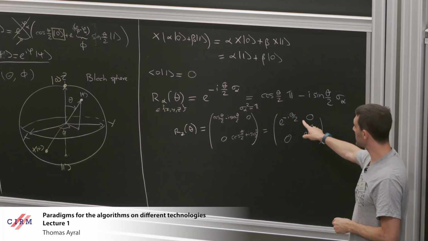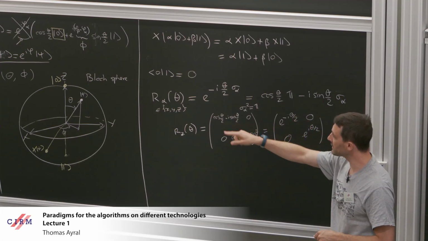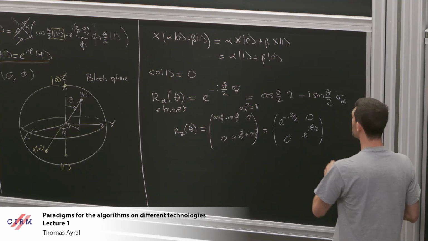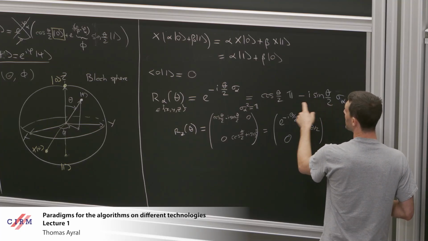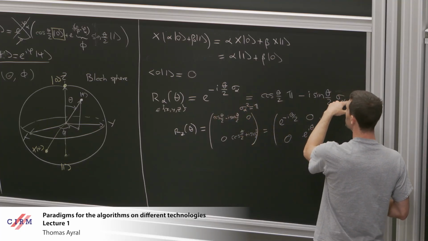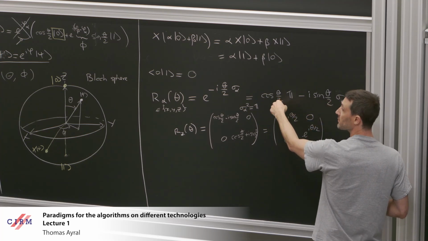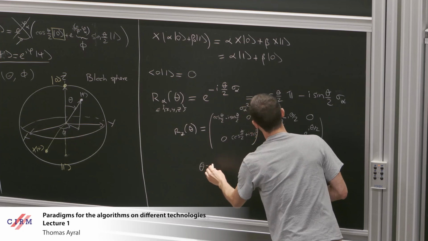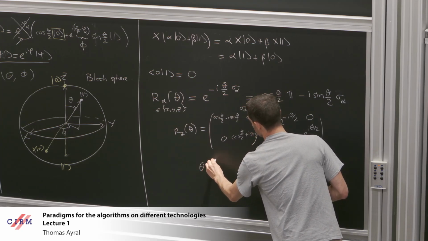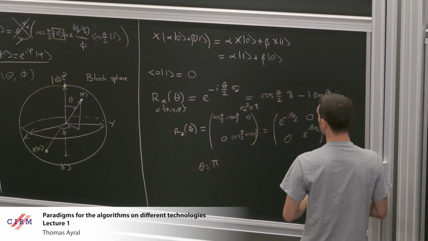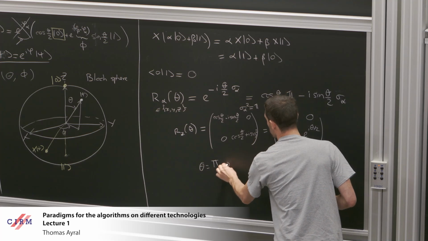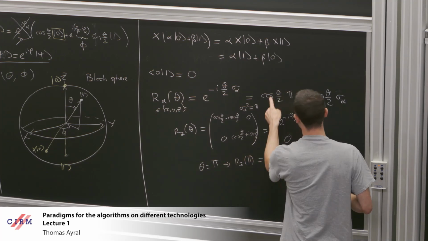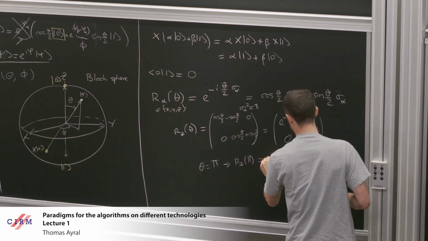There's a theta that I could put here so that my gate R theta looks very similar to sigma Z. So I need to cancel the cosine. What happens if I put, for instance, theta equals pi? I guess it should do the job, right? Then I obtain that Rz of pi is 0 minus i sigma Z.